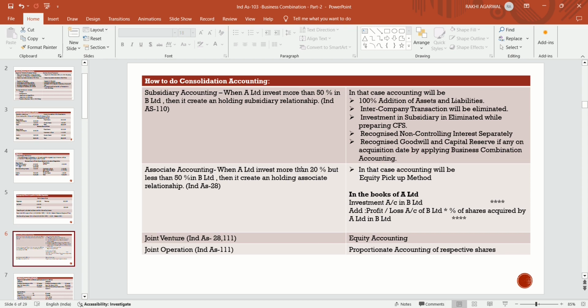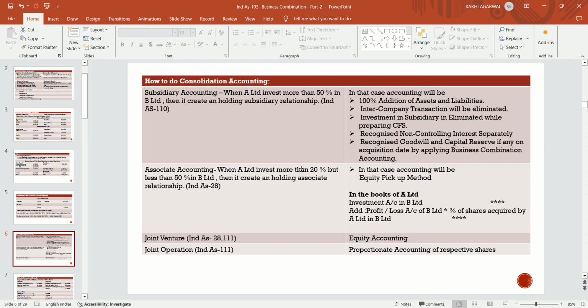Recognize non-controlling interest separately. Recognize goodwill and capital reserve, if any, on the acquisition date by applying business combination accounting. If goodwill arises, it will be recognized separately. If capital reserve arises at the time of acquisition, then on that date, by applying business combination, they will recognize it.